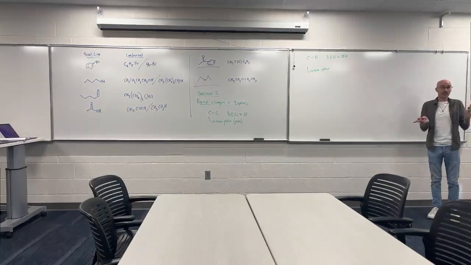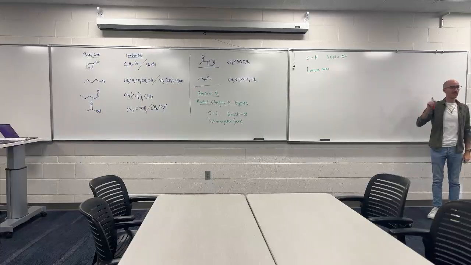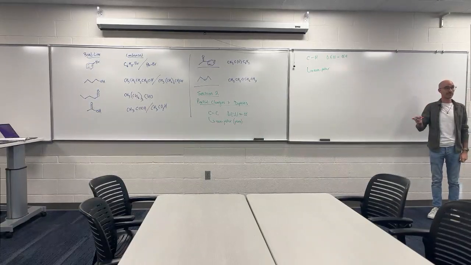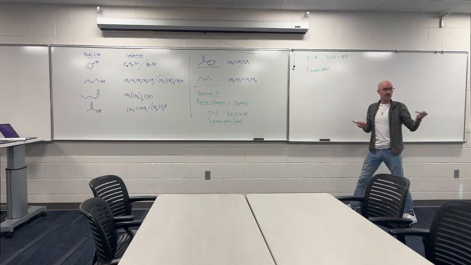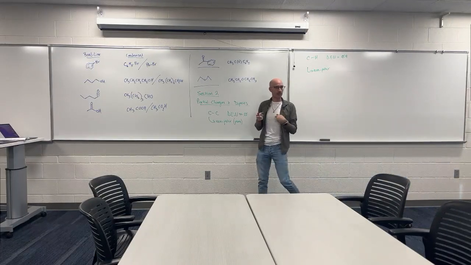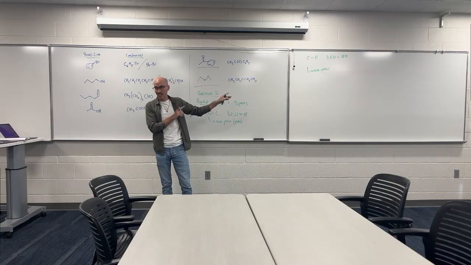The periodic table actually doesn't care. Is there a difference in electronegativity? Yes. So is there partial charge character? Yes. There is an uneven attraction on these electrons by the two atoms. So here's the deal. We're going to call this a nonpolar bond.